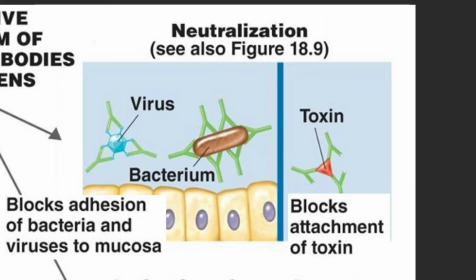There you see a bacterial cell that's been coated by multiple antibodies binding to various antigens on its surface. And then thirdly, you see a toxin, which we haven't talked a lot about yet, but we will talk about later. But toxins, which are secreted by pathogens, can also be bound and neutralized by antibodies.